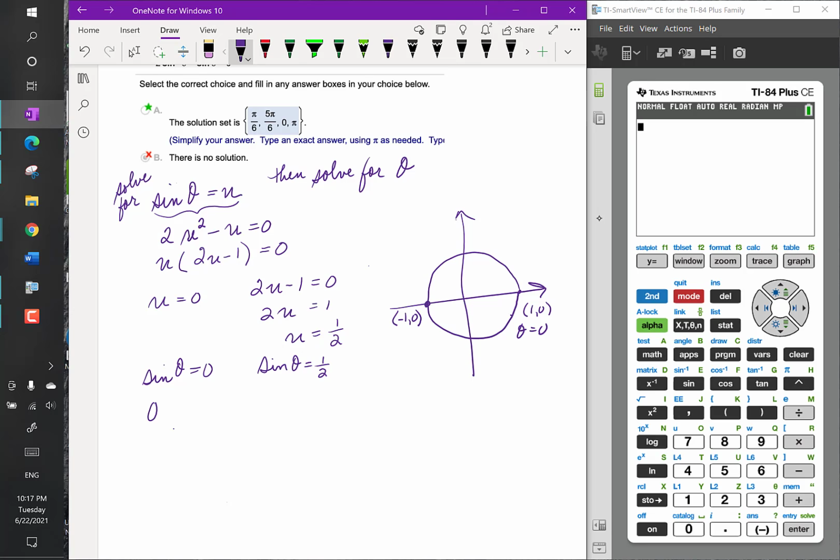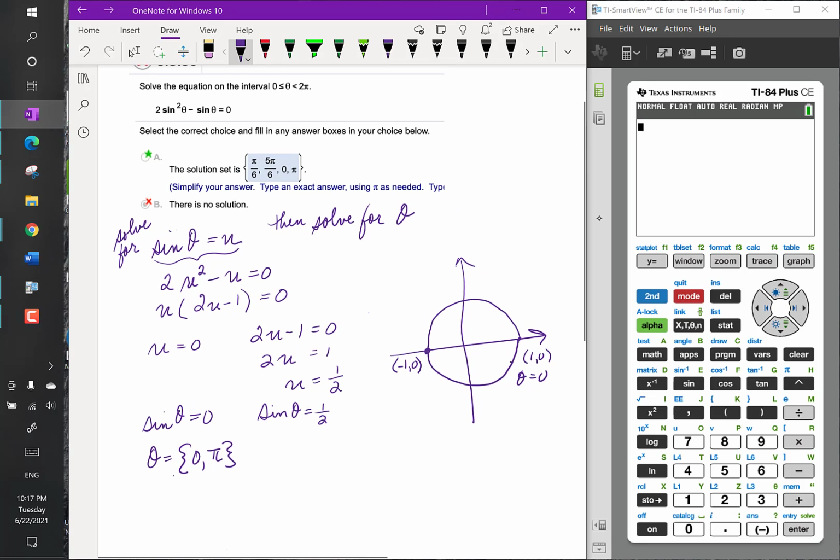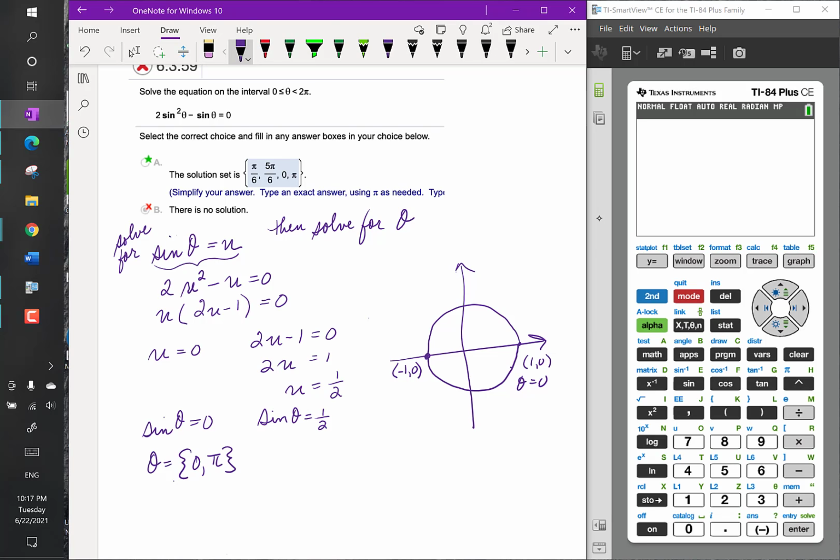So we know that theta will be 0 and pi. Can't be 2 pi because this is a half open interval. So 0 is included in the input values, but 2 pi isn't. So we're not going to come around again.